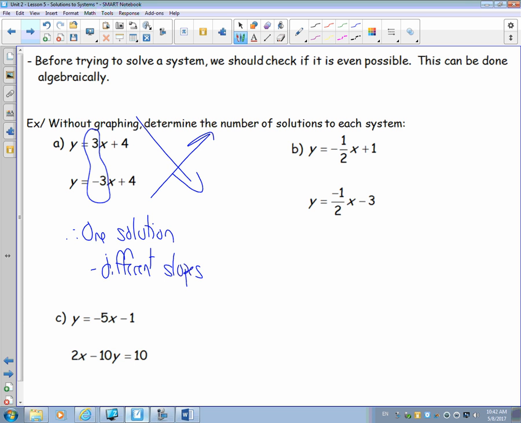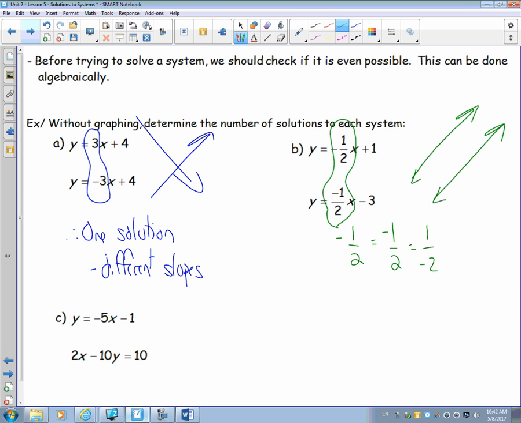Let's look at this second example. And again, let's look at our slopes first. So I got -1/2 and -1/2. Well, -1/2 and -1/2 mean the same thing. So the fact is we have the same slopes. So my two lines are at least parallel to one another.